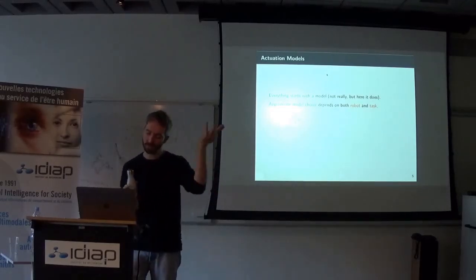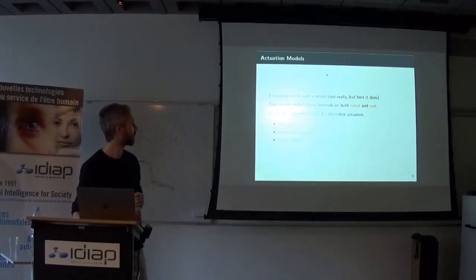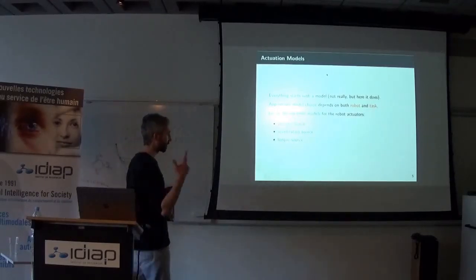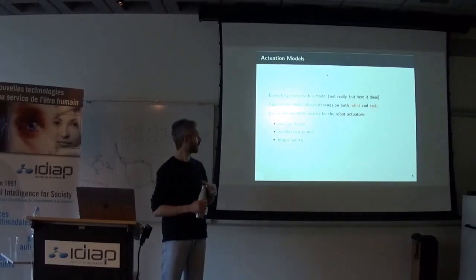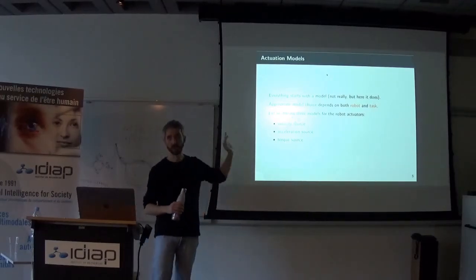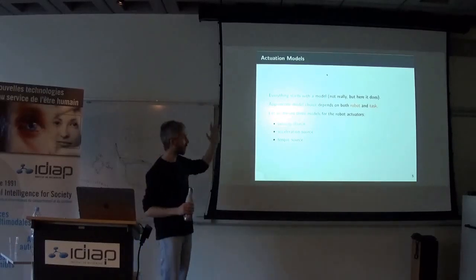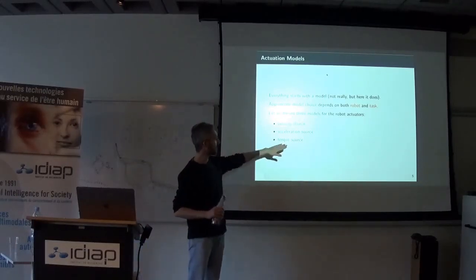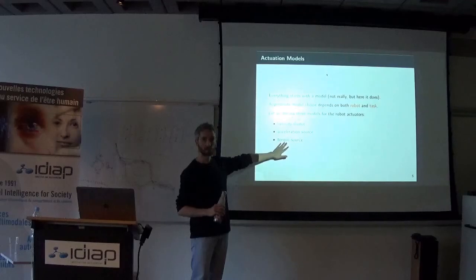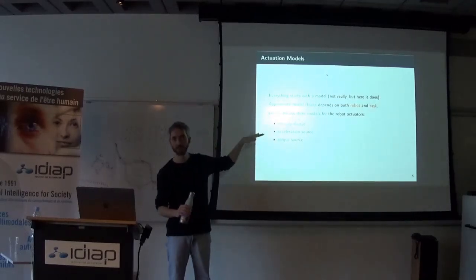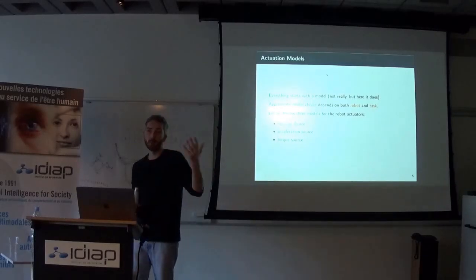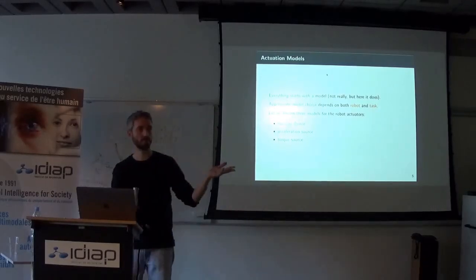We are not going to do that, but in theory that's possible. So we're going to discuss 3 different models for modeling the actuators. Velocity, acceleration, and torque. In the end, the only one we're going to use for the rest of the day is the torque model, but I think it's important that you are aware that also these other 2 models exist and they are appropriate in certain situations.